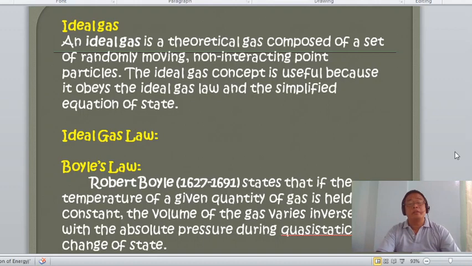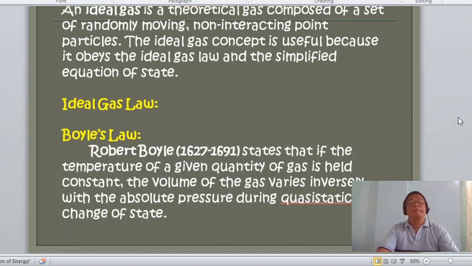Boyle's law states that if the temperature of a given quantity of gas is held constant, the volume of the gas varies inversely with the absolute pressure during a quasi-static change of state. That is what is meant by Boyle's law.